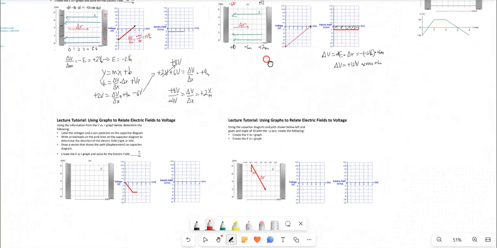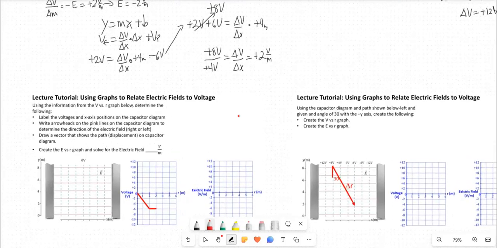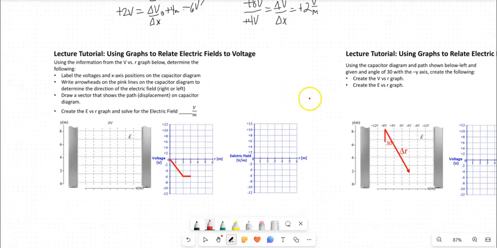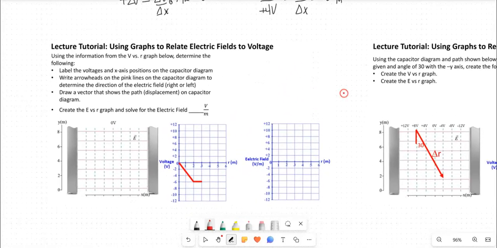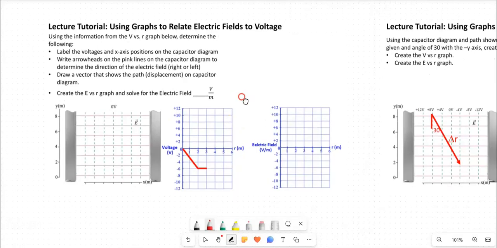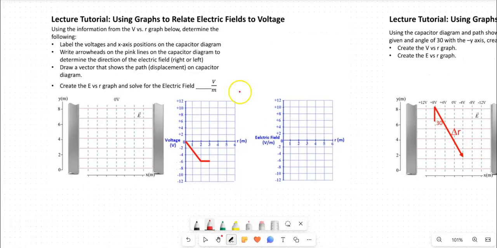Okay, let's do one last one. Actually, let's do both of these. I suppose we can do both of these. So in this problem, it looks like we're starting off and we have a 0 voltage, and it ends up going to negative 2 volts.